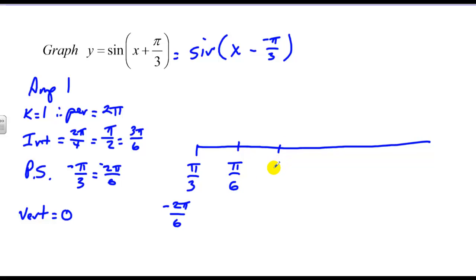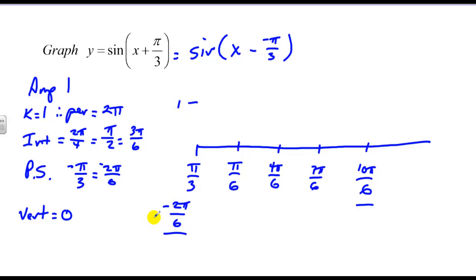Positive 3 again gets me 4 pi over 6. Positive 3 again, 7 pi over 6. And positive 3 again is 10 pi over 6. And you'll notice I'm going from negative 2 to 10, which is 12 over 6, or 2 pi. So there's everything I need. This is a standard sine graph, amplitude of 1.